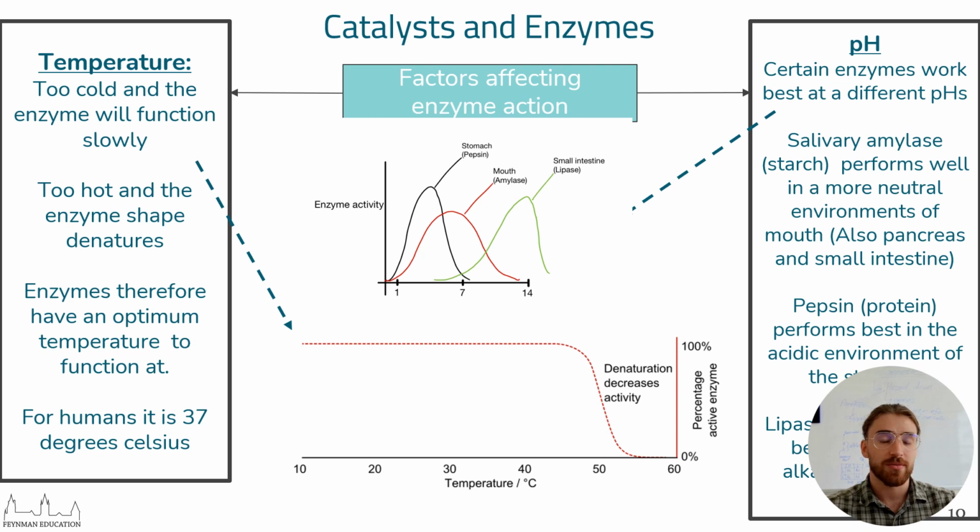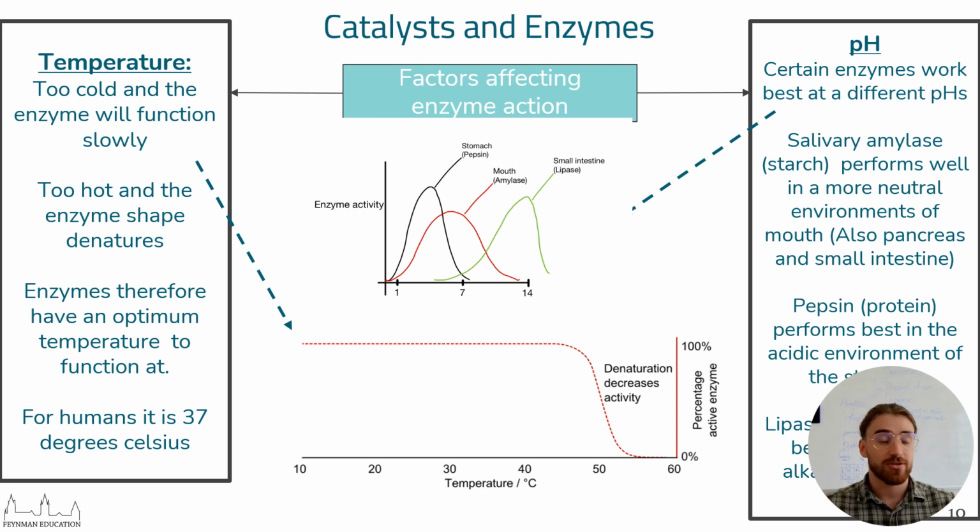Previously we talked about the fact that the body keeps a constant temperature so that your enzymes can function optimally. Too cold and the enzymes are going to work slowly. Too hot and the enzymes can denature. If an enzyme denatures, it usually can't reform, and therefore its function won't be executed.